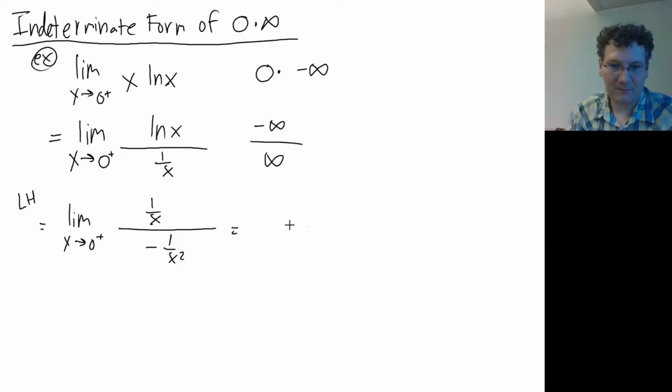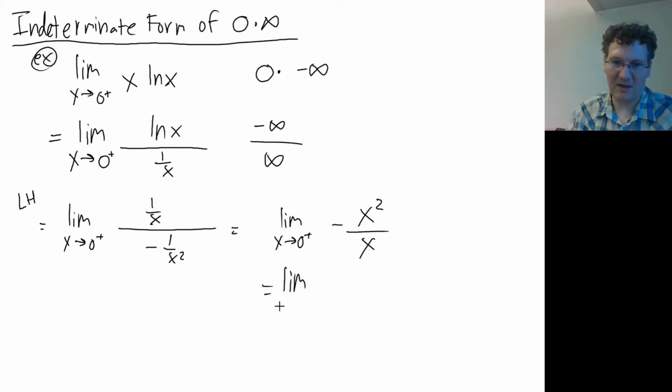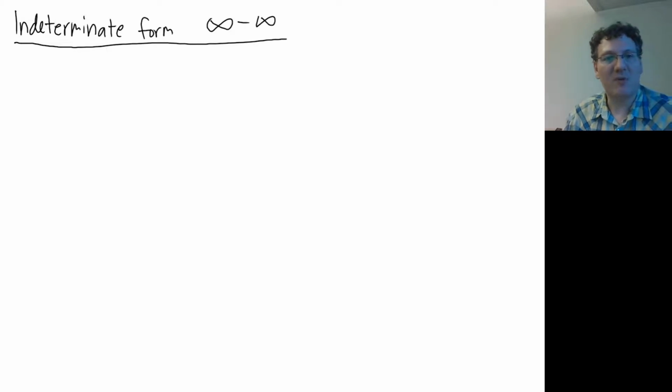Rewriting, we get negative x squared over x, which is the limit as x goes to 0 of negative x. This is just 0.